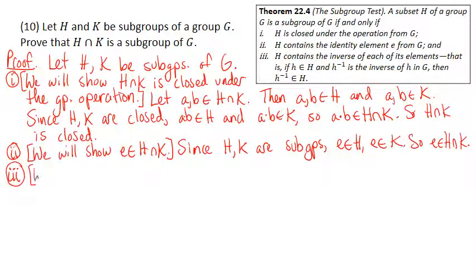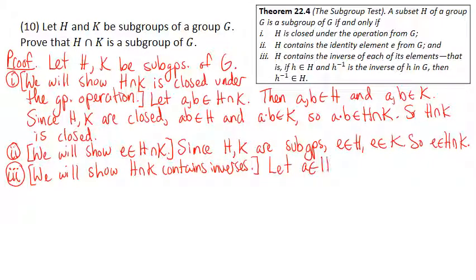All right, let's see if part 3 is also easy. So we will show H intersect K contains inverses. Okay, so let's say that A is in H intersect K. Then we need to show that A inverse is in there.